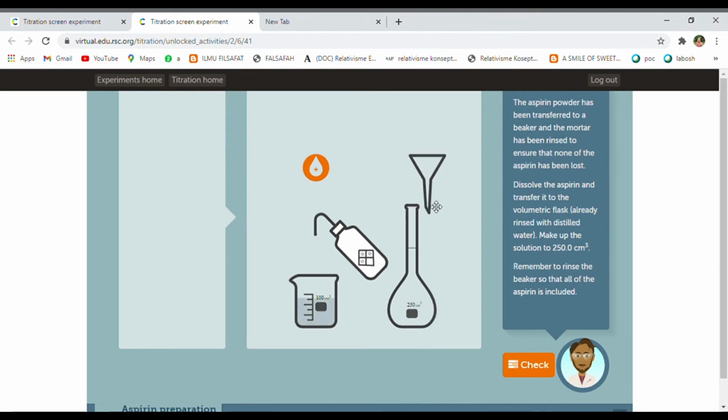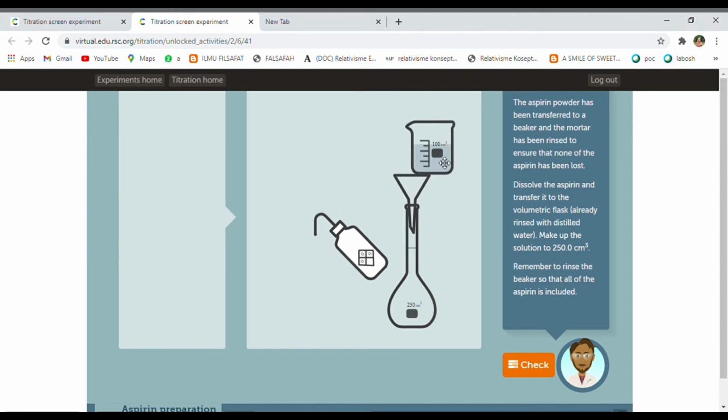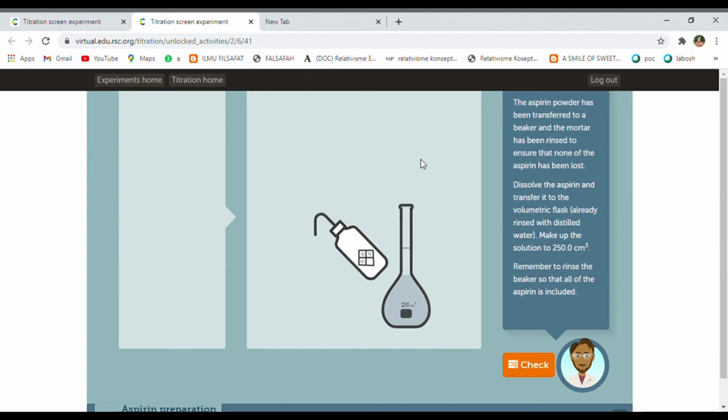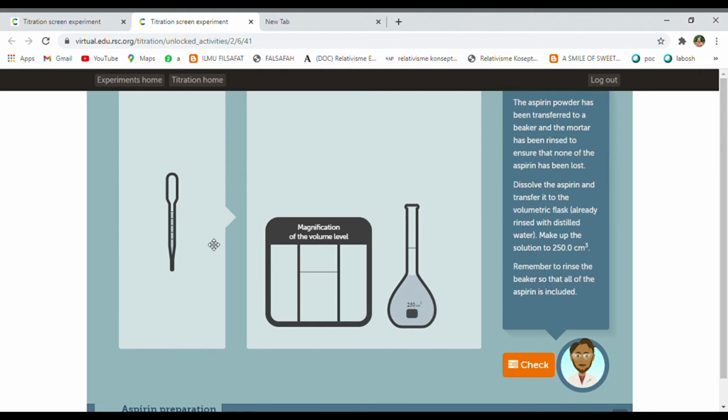Using a filter funnel, transfer the solution into the 250 ml volumetric flask. Rinse the beaker and pour the content into the flask. Add distilled water up to the calibrated mark of the volumetric flask.